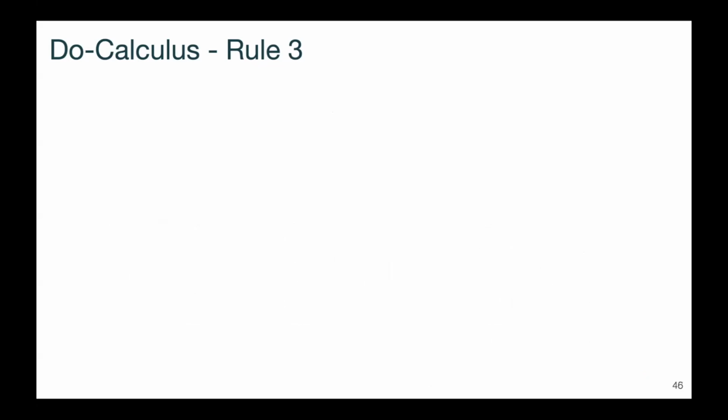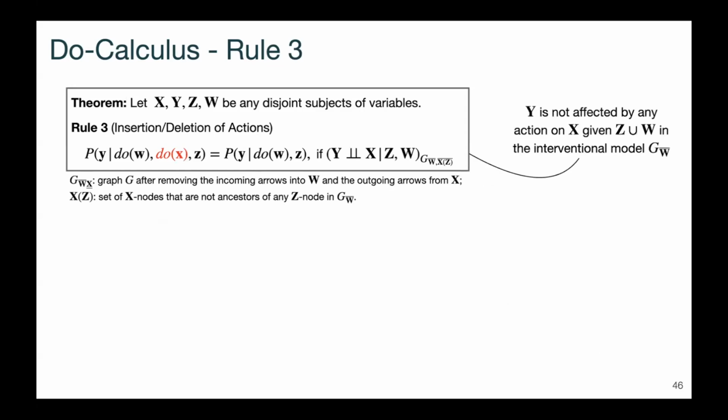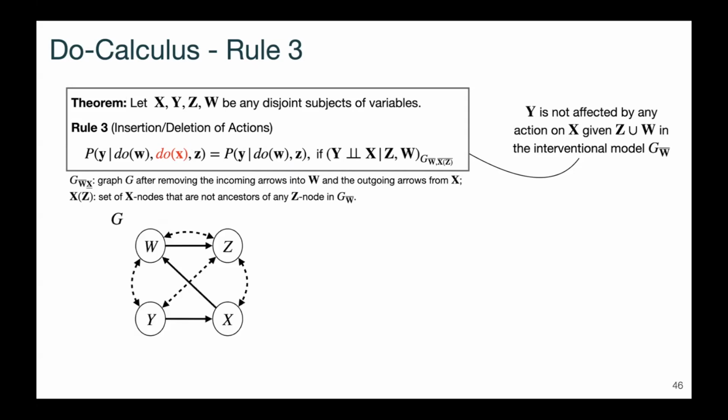Rule 3 is related to removing actions. You see that I remove the effect of the do X completely, so Y is independent of an action on Z completely. There is this other graph here. So this is G bar first, so I remove all the edges into W first. So I remove this, that, and that.